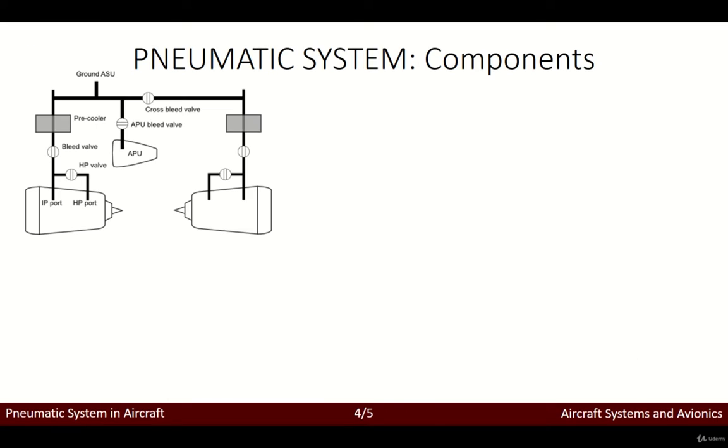So the components of the pneumatic system are actually very reasonably clear. The first thing to take into account is that we will be using either the engine or the APU. The engine has a high pressure port and an intermediate pressure port, meaning that we can gather a range of pressure values from inside the engine.